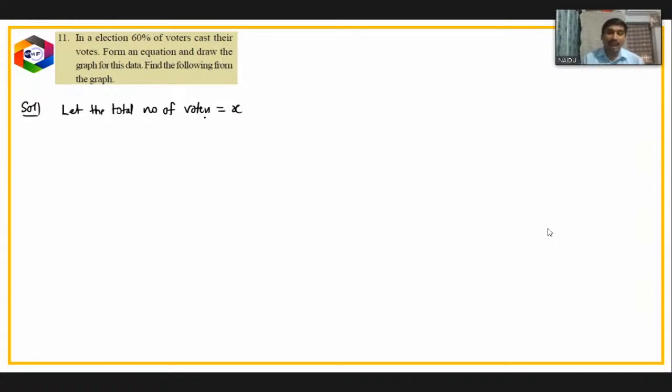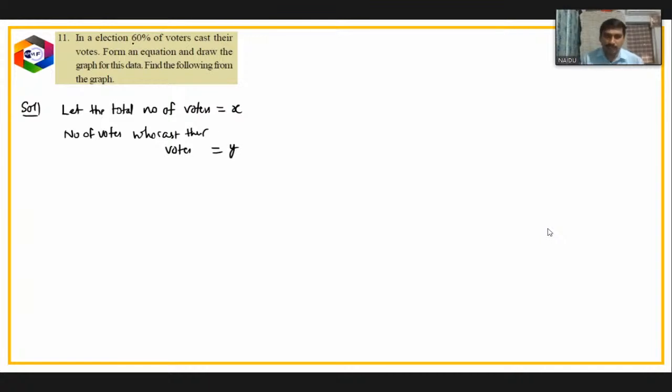And the number of voters who cast their vote is equal to y. So x is the total number and y is the persons who cast their vote.